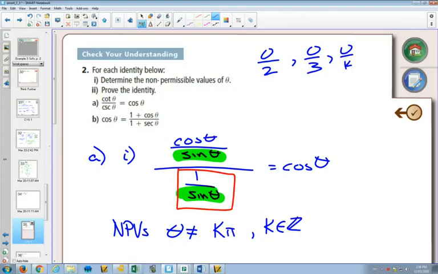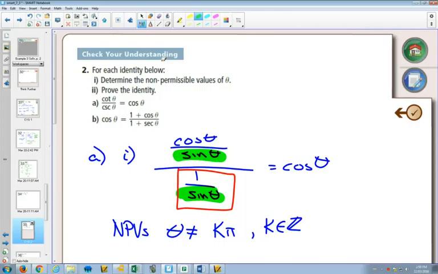When is a fraction equal to 0? It's only when the numerator is equal to 0. So when we're asking when is 1 over sine theta equal to 0, we're really asking when is 1 equal to 0? Never. So in this case, these are the only non-permissible values. Okay?